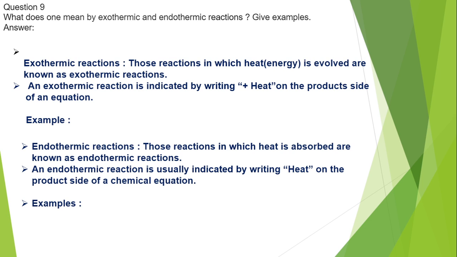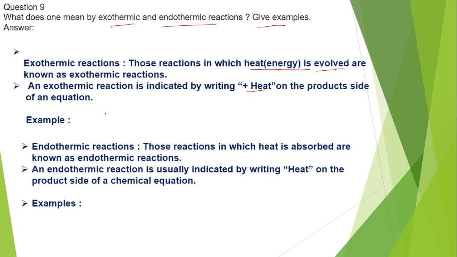So question number 9 says, what does one mean by exothermic and endothermic reactions? Give examples. Now here exothermic reaction means the reactions in which heat or energy is evolved or released. Always exothermic reaction is indicated by writing plus heat on the product side.